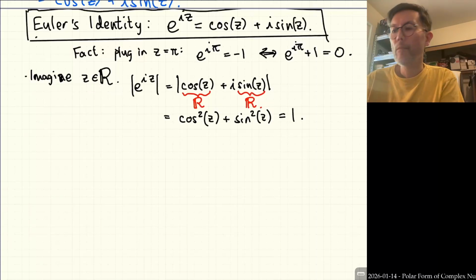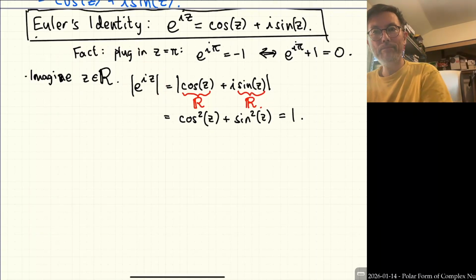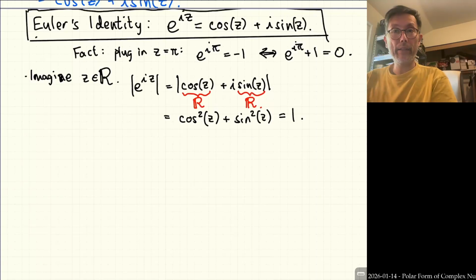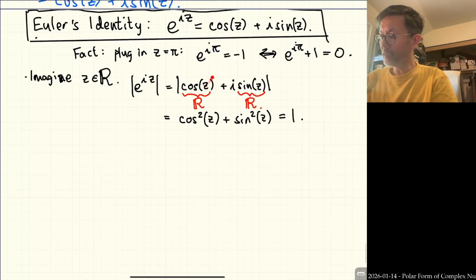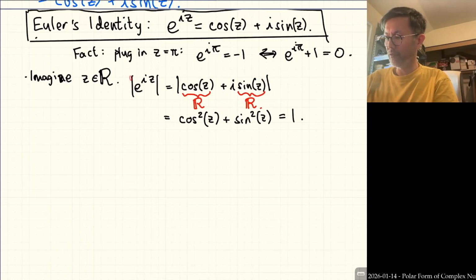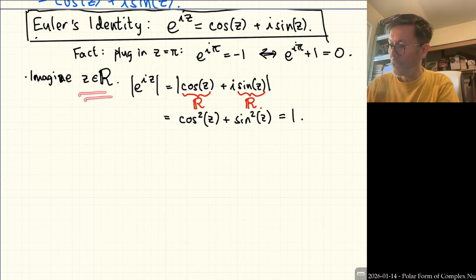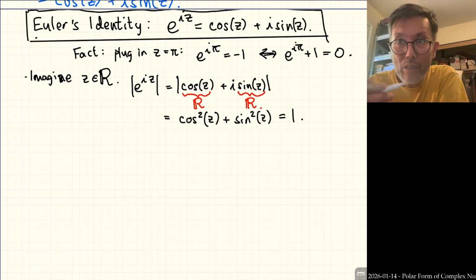Then what can we say about the modulus of e to the iz? Well, by Euler's identity that we just established, e to the iz is cosine z plus i sine z. And so the modulus of e to the iz is the modulus of cosine z plus i sine z. But now, crucially, if z is real, then this cosine of z and this sine z here are real numbers.